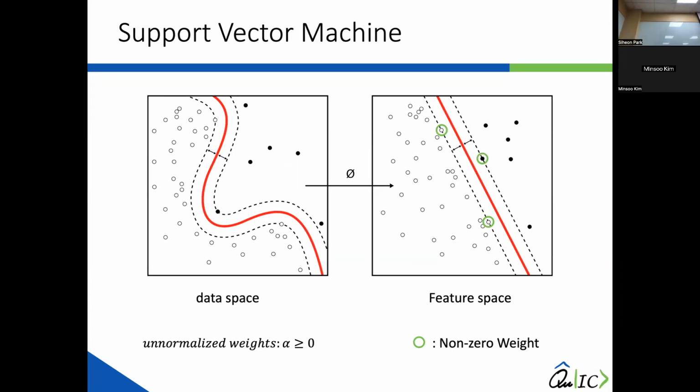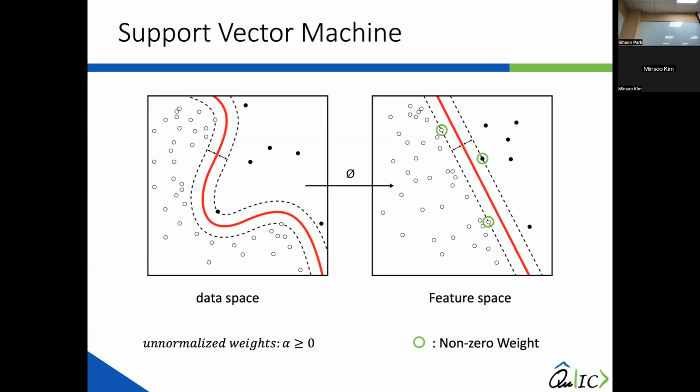So usually the data is distributed and we want to classify it. What we do is map the data using a feature map phi to another higher dimensional space, which we expect to be linearly classifiable.